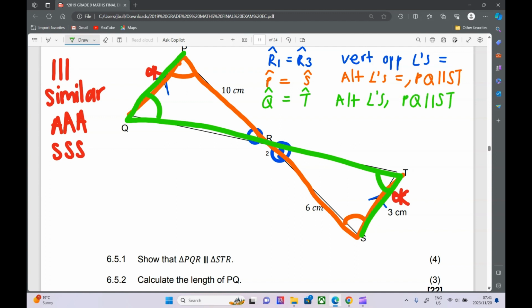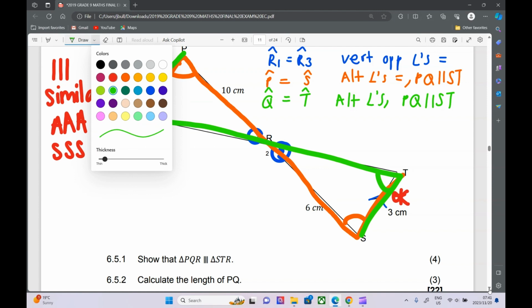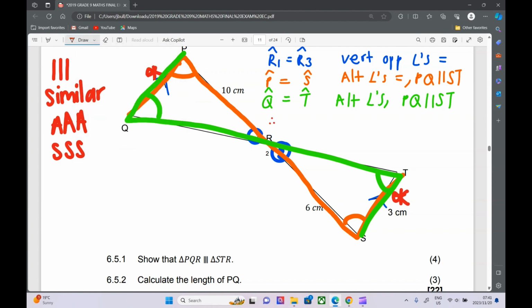Okay, so we have proven that all the corresponding angles in the triangles are equal. So then we can say, therefore, triangle PQR is similar to triangle STR. Okay, and our reason is angle, angle, angle. So the corresponding angles are all equal.